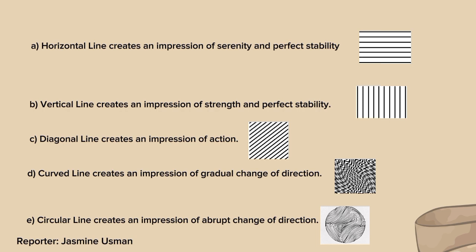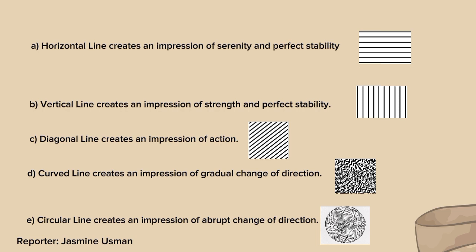Now let's start with horizontal line. Horizontal line creates an impression of serenity and perfect stability. It means that horizontal lines, due to their orientation parallel to the ground, evoke a sense of calmness and stability. When we observe horizontal lines, we often associate them with the horizon, the flatness of the earth, or the stillness of bodies of water.